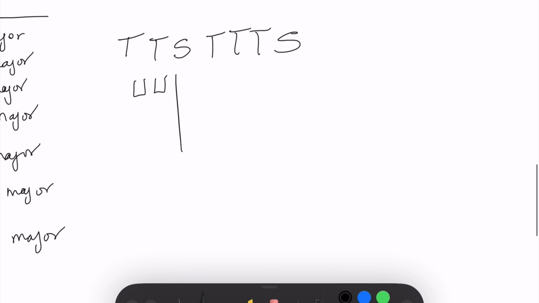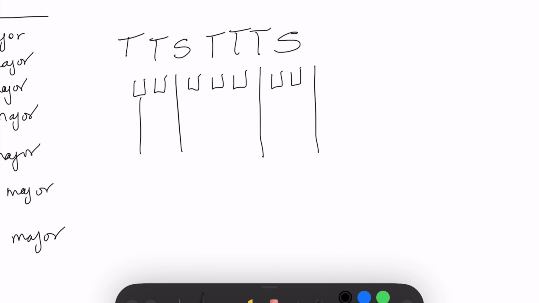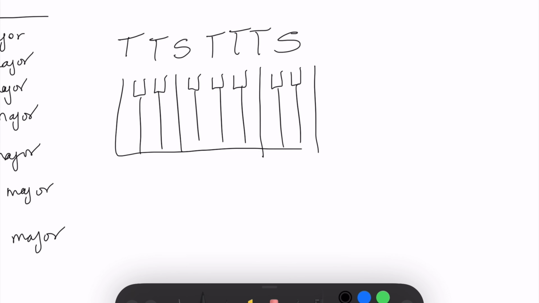We will use this dummy keyboard to explain tone, tone, semitone and tone, tone, tone, semitone. This is a dummy keyboard with white and black keys. Let's shade this part and assume that these are the black keys. We say it's dummy because you cannot play this one. It would not make any sound, so it's called a dummy.